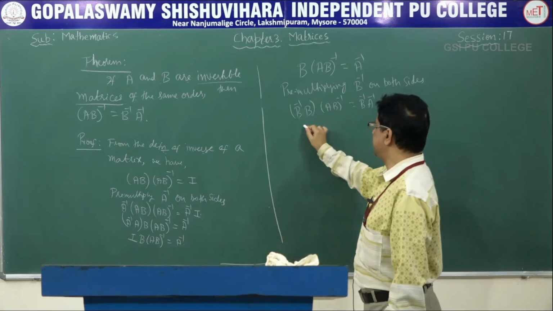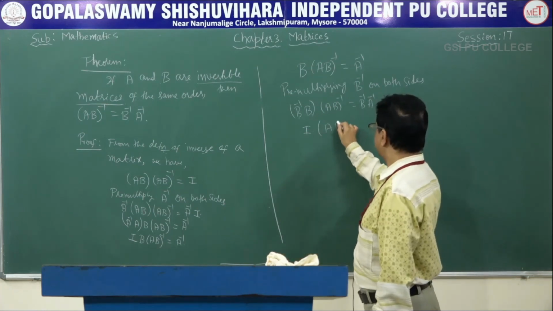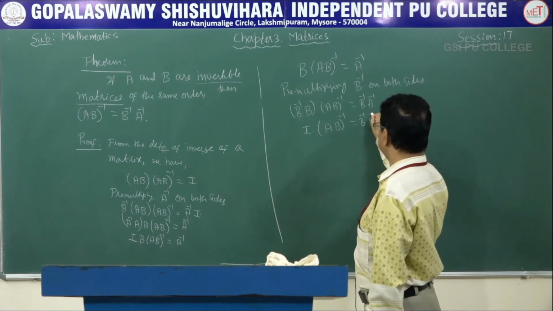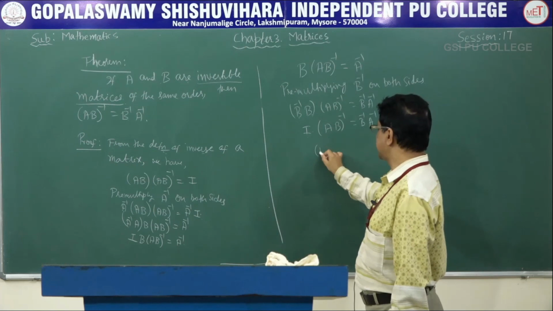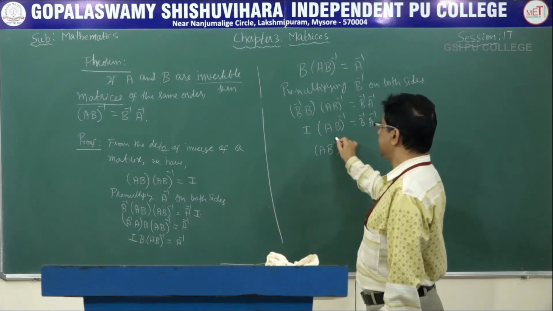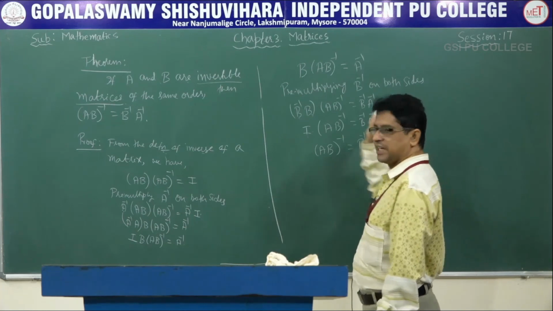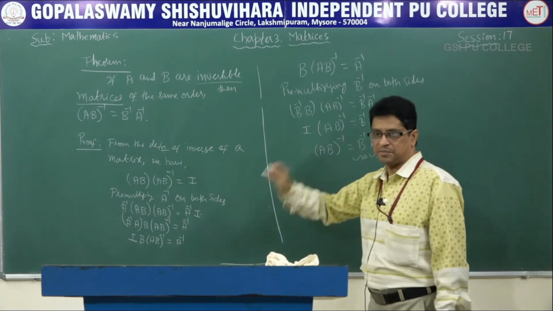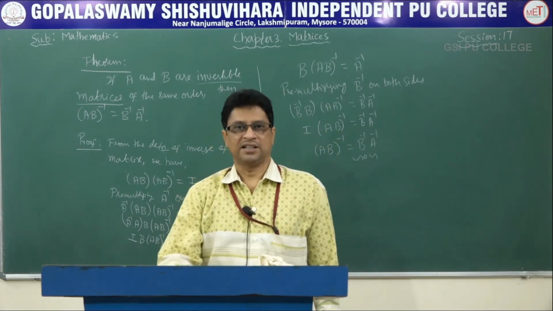So B inverse into B is nothing but I. So I into AB whole inverse is equal to B inverse into A inverse. That is, I into AB whole inverse will be equal to AB whole inverse, which is equal to B inverse A inverse. So this completes the theorem. Okay, thank you.